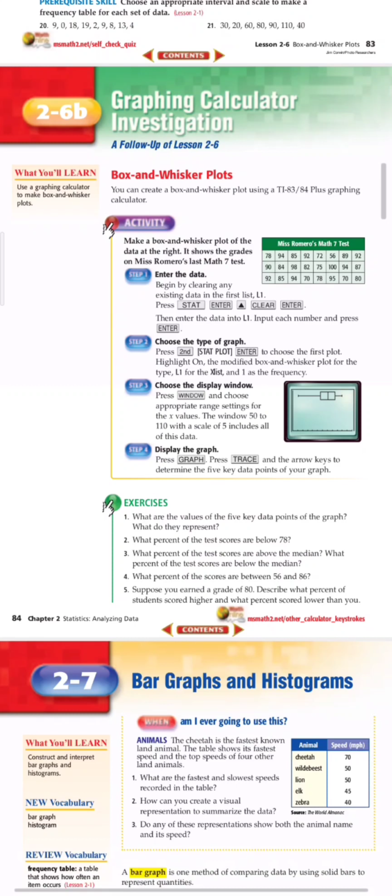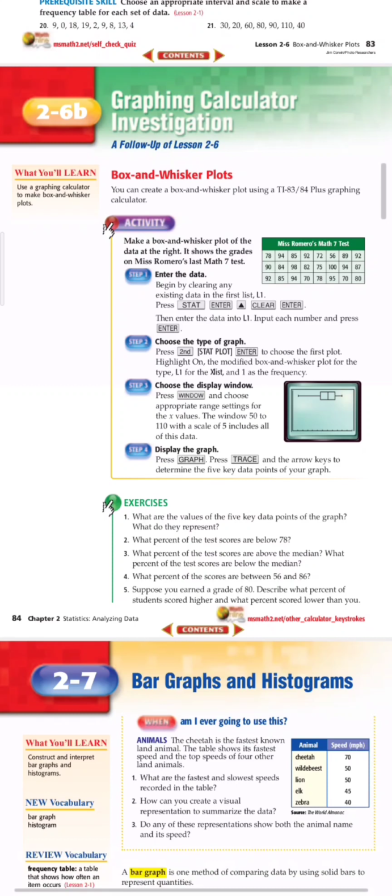Exercise 1. What are the values of the five key data points of the graph? What do they represent? 2. What percent of the test scores are below 78? 3. What percent of the test scores are above the median? What percent of the test scores are below the median? 4.